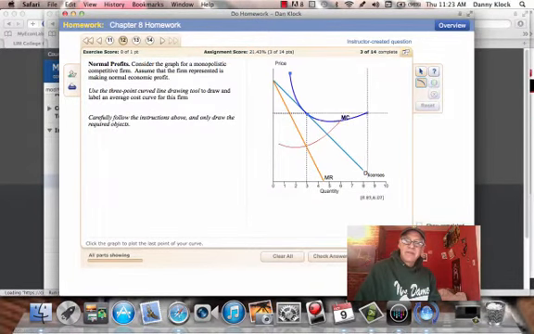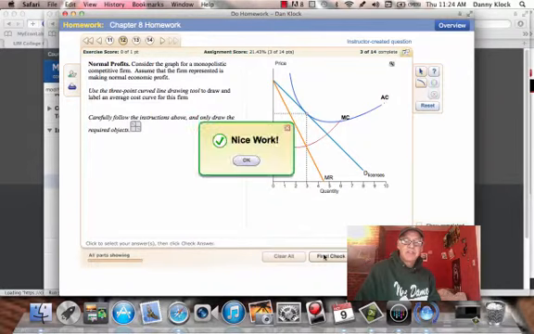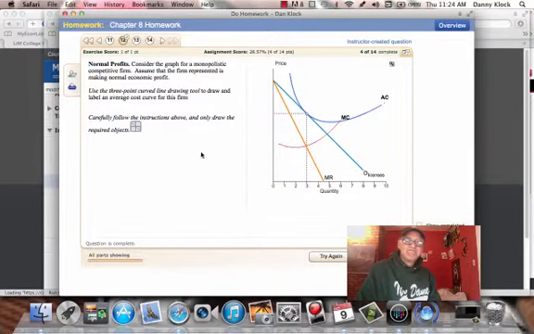And then go this way, and theoretically the marginal cost should come across average cost at its minimum point, always does. I'm clicking there, and I'm going to label this average cost. So here my costs intersect right where my selling price is, so making normal economic profits. Check my answer. Nice work.